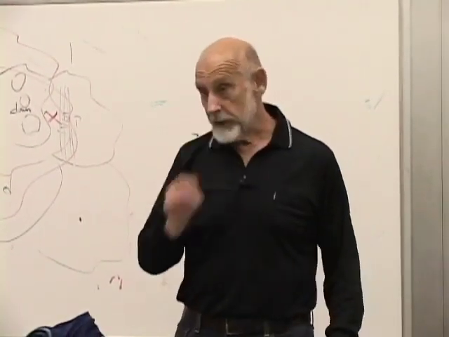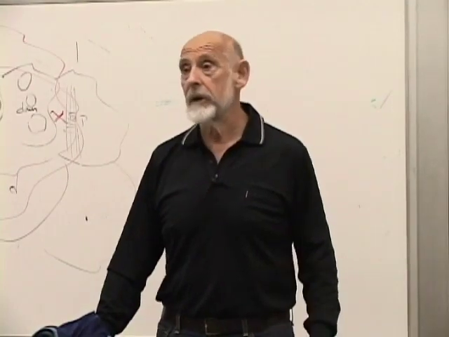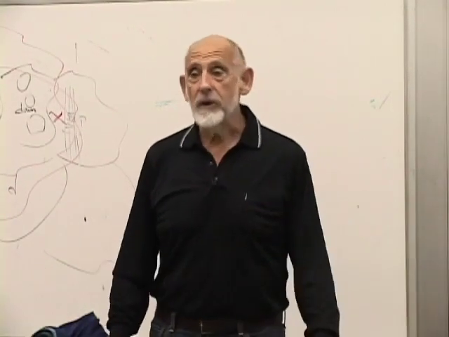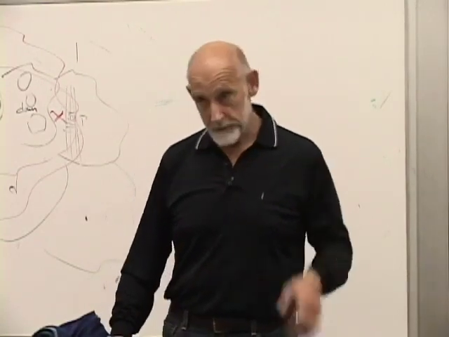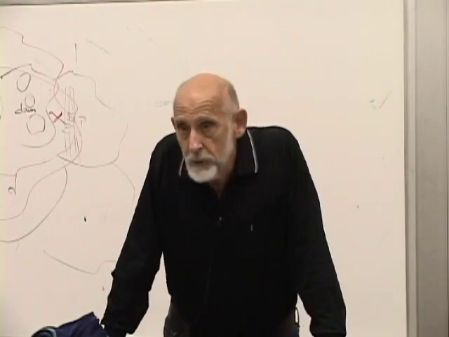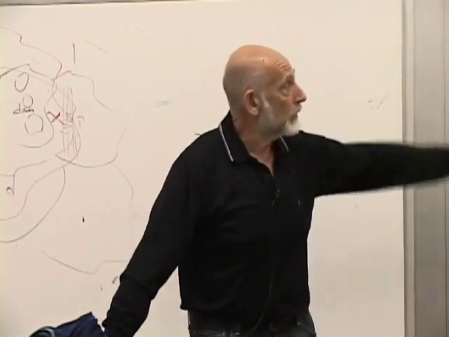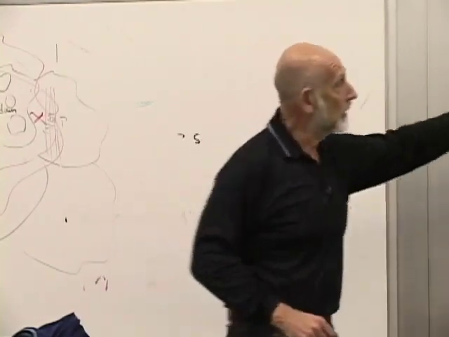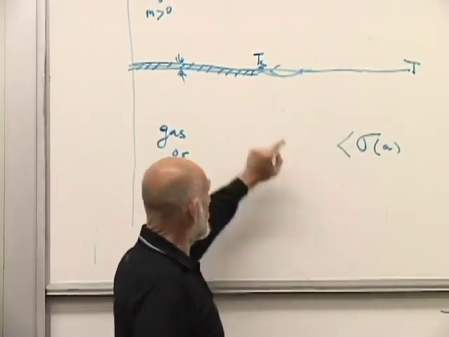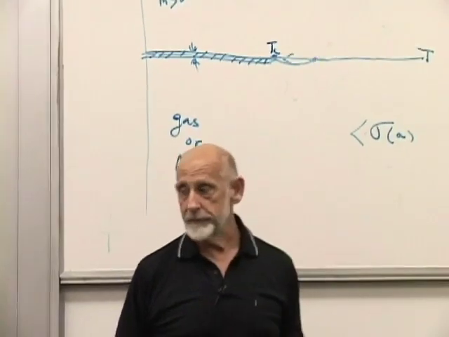There's an interesting experimental consequence of this. Has anybody ever seen critical opalescence? Critical opalescence is a wonderful phenomenon. If you take a liquid, helium is a good example, but any transparent liquid, and you tune its temperature toward the critical point. You tune temperature and density, move along here, getting closer and closer to the critical point.